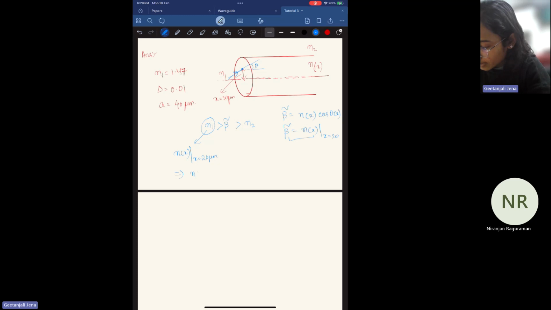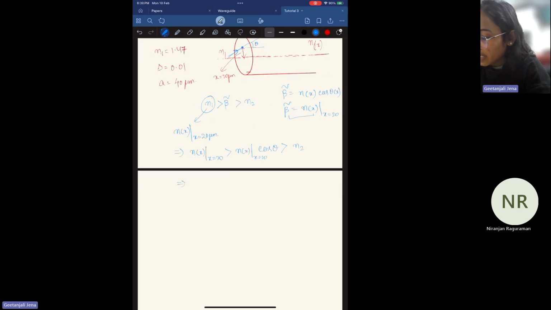Beta tilde can be written as n(x=20) cos theta, that we want to find out, and this is N2.